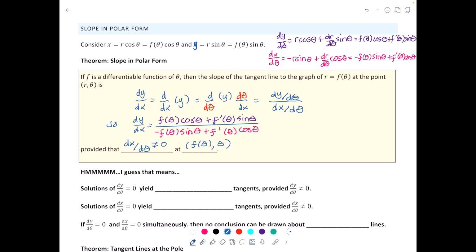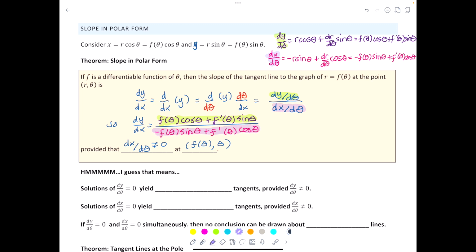So just remember to make that connection that dy d theta was this numerator here, which we derived up here, and dx d theta is all of this, which is this.